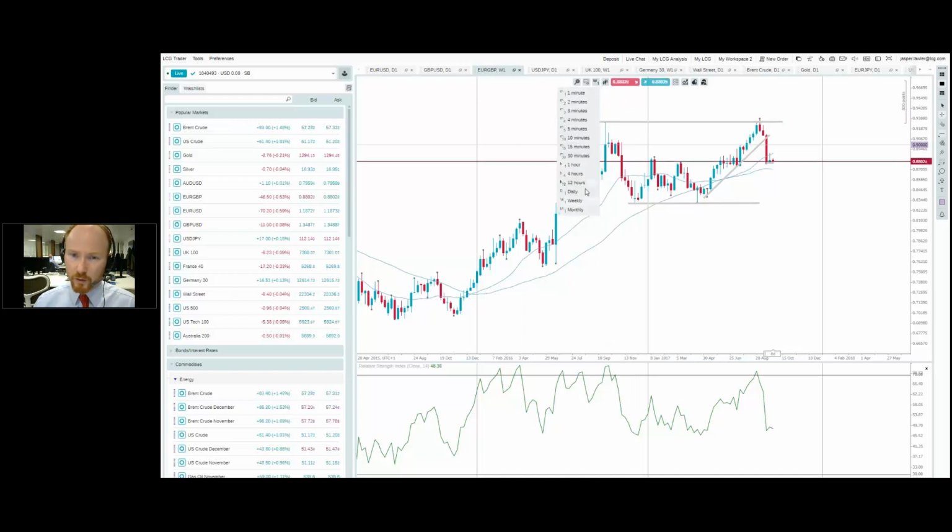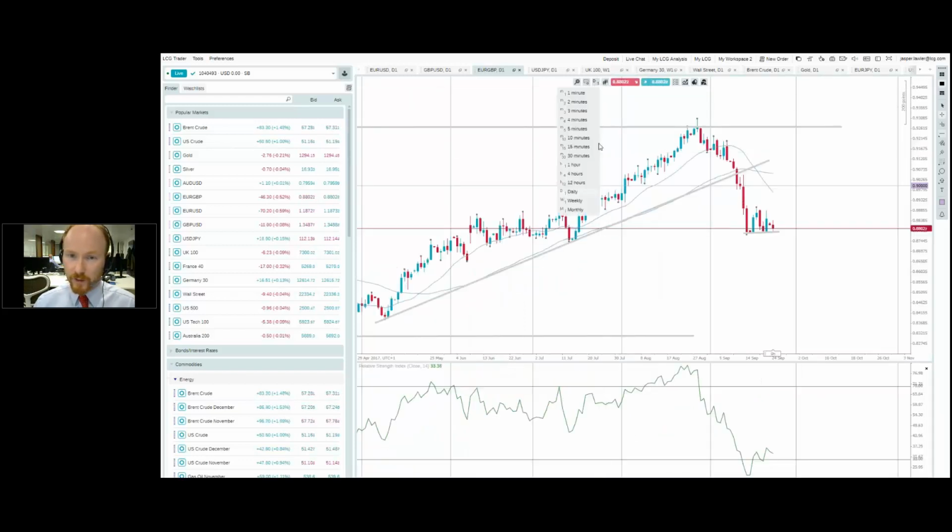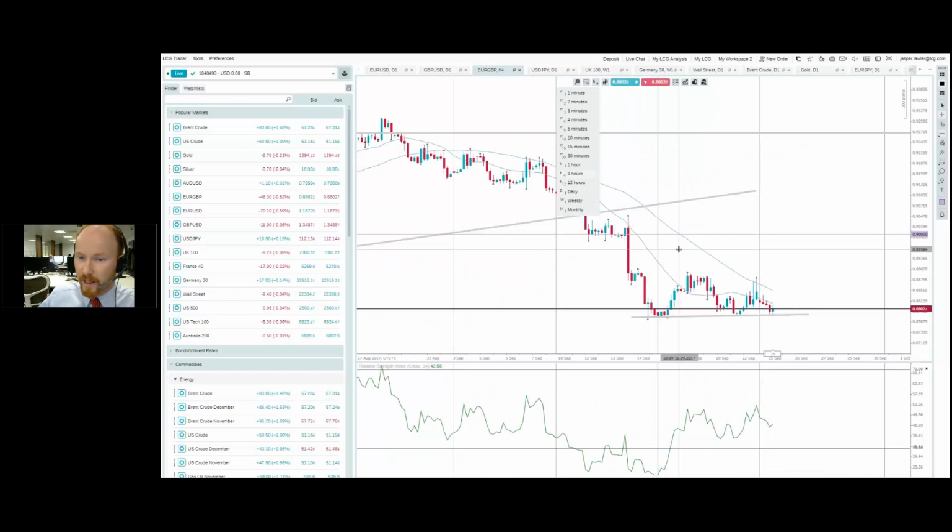So for the time being, the thing to test for me will be this little rising triangle-looking pattern at the bottom. If you feel so inclined, you could draw a little line through the highs here and see what's going on. We're consolidating.